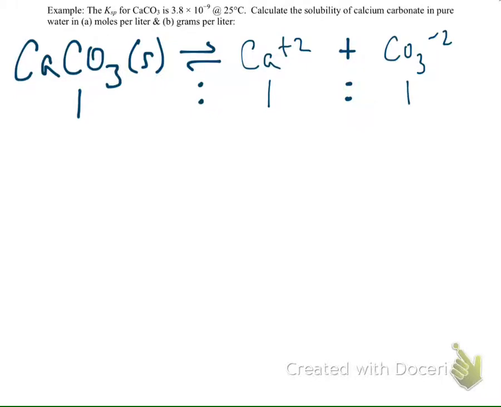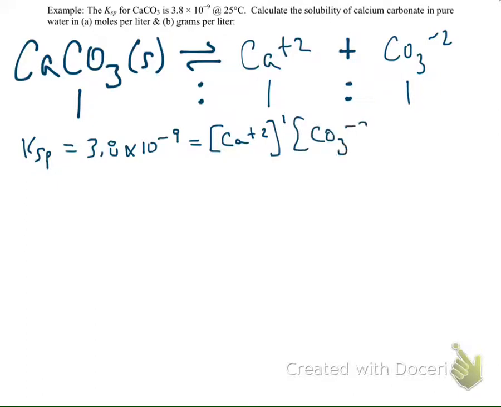At this point, we can write our KEQ, which is our KSP, 3.8 times 10 to the negative 9th, and that is equal to your products raised to their coefficient. So this is just Ca plus 2 raised to 1 times CO3 minus 2 raised to the 1.